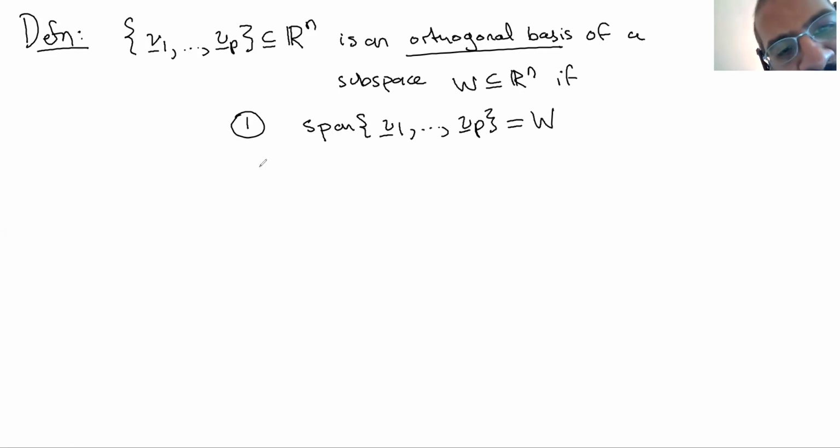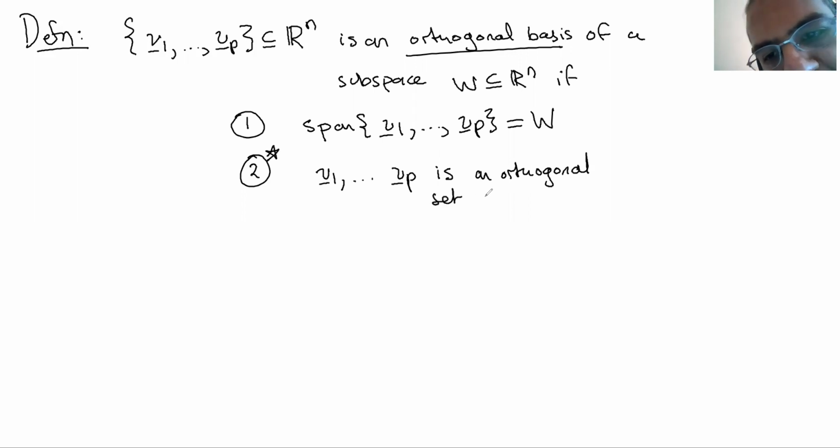But the new thing is we strengthen linear independence to now be orthogonality of non-zero vectors. You have to exclude 0, right? So that's an orthogonal basis.